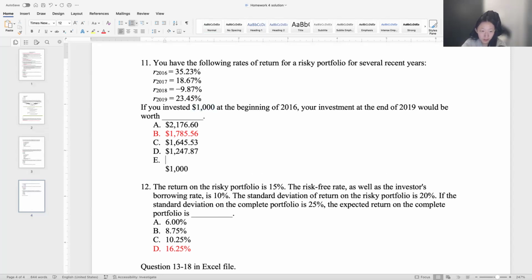So cumulative profit, 1,000 times 1 plus the return here, times 1 plus the return in the second year, times 1 plus this.